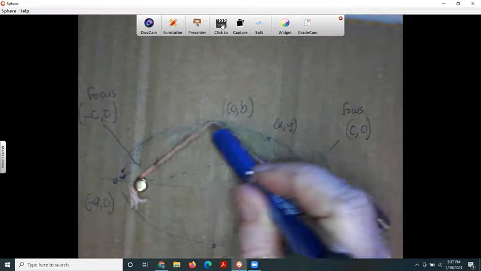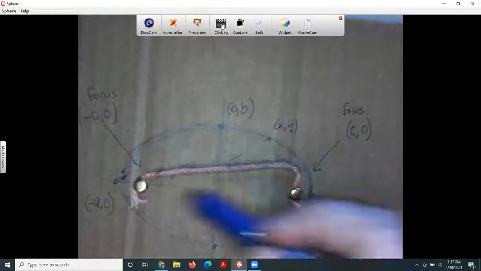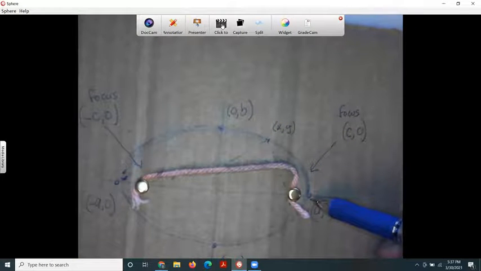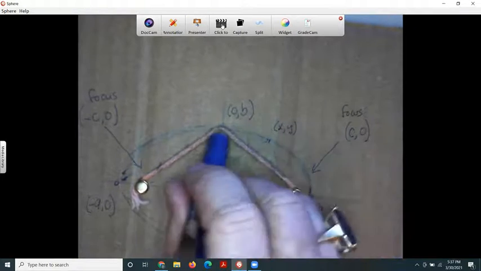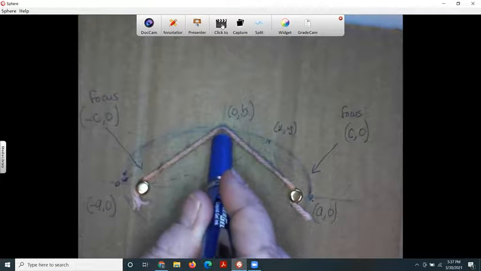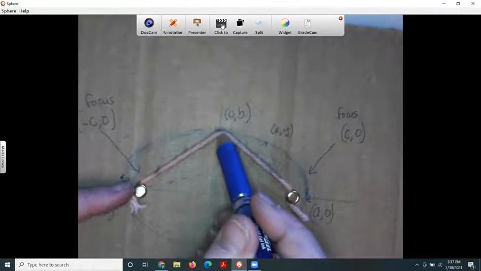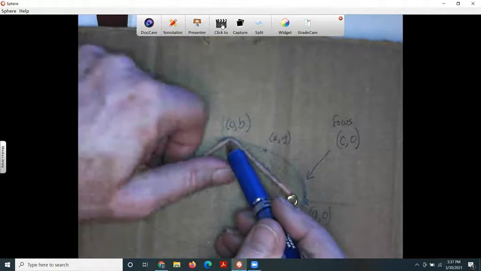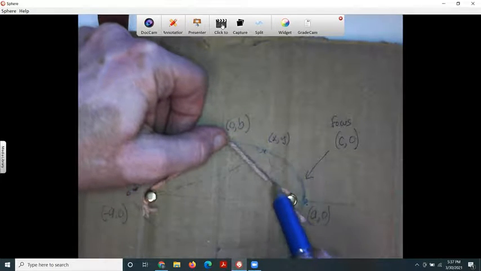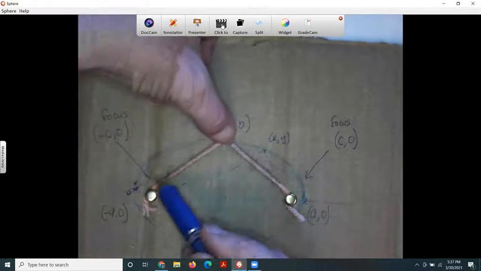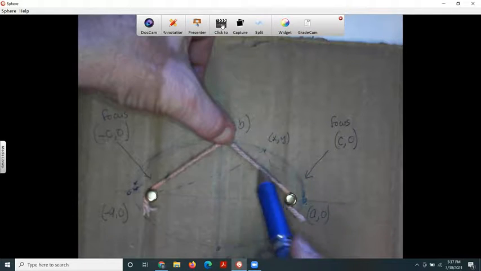The length of the string is actually 2A. Okay? So if I hold my pencil right in the middle right here, then I've got half of 2A. Like right here, that would be A, and that would be A. And A plus A is 2A.